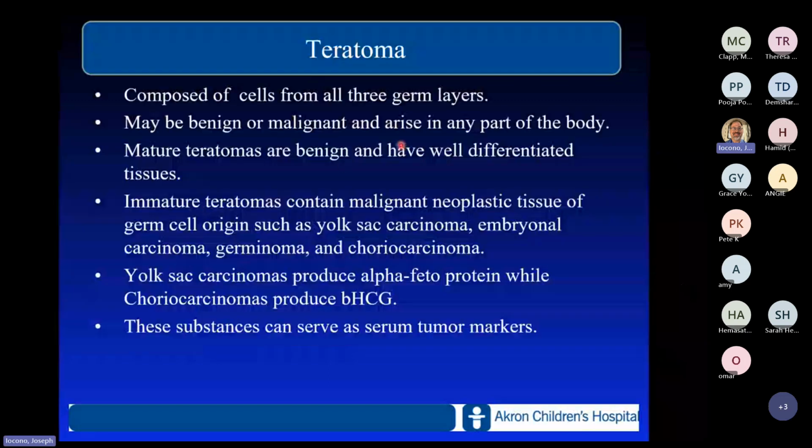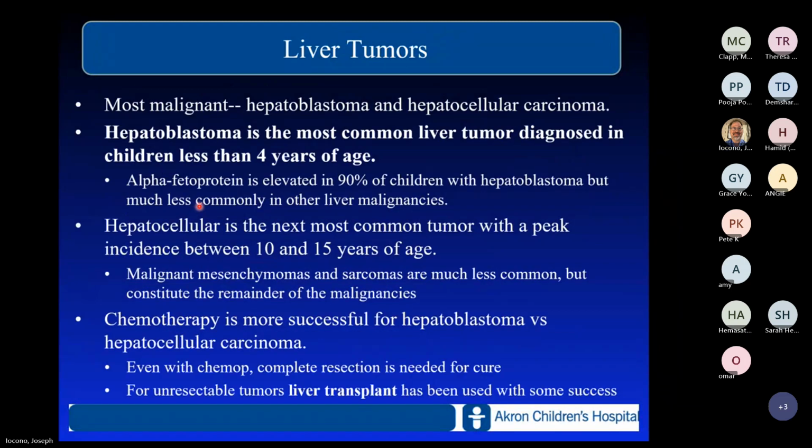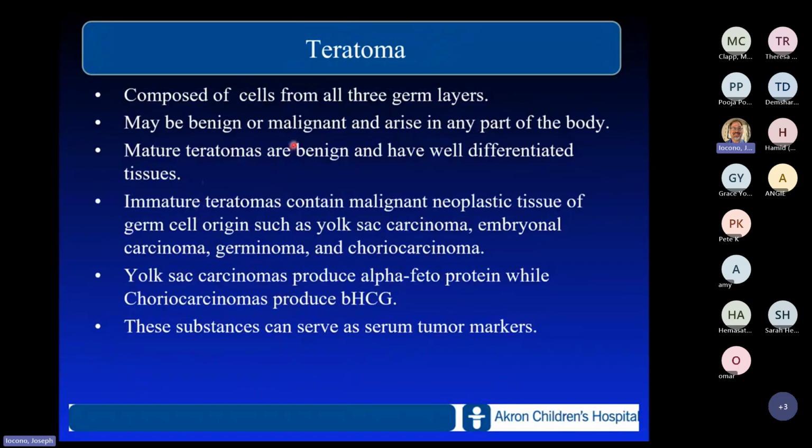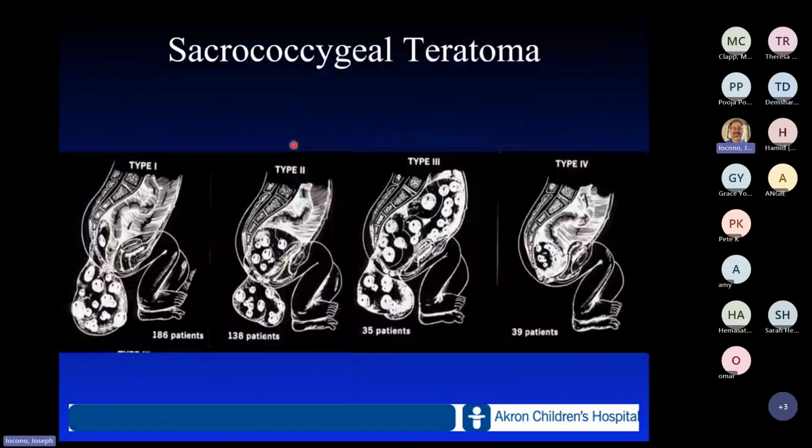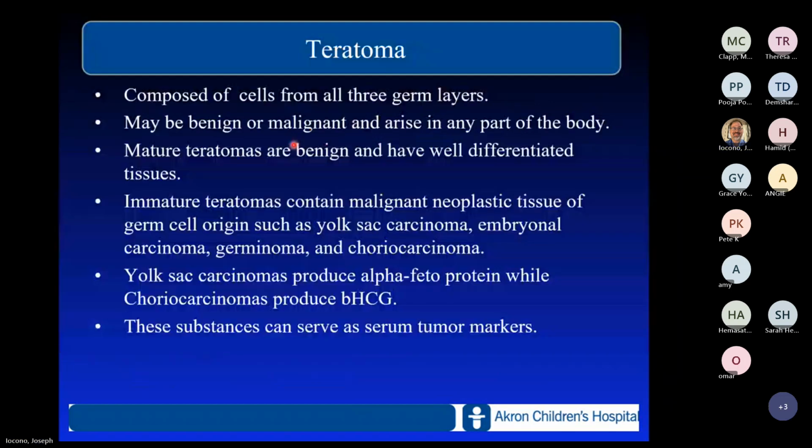All three germ layers, that's what makes the teratoma. Most are benign, but they can be malignant. You follow these things with alpha-fetoprotein, and you follow them for life and make sure they don't recur. Teratomas can be anywhere. Sacrococcygeal teratomas have a high alpha-fetoprotein. The most common place for a teratoma is a female ovary.